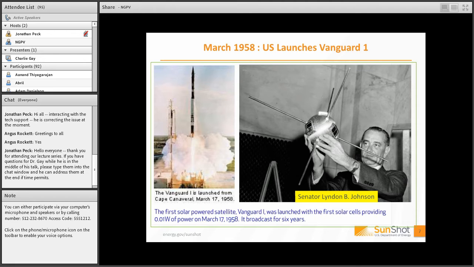It's got those back contact cells on the periphery or the circumference of the satellite, and it's used to recharge a battery. The original Soviet satellite just had a battery without the ability to be recharged. And you can see that this was all 1/100th of a watt of power running this small satellite.